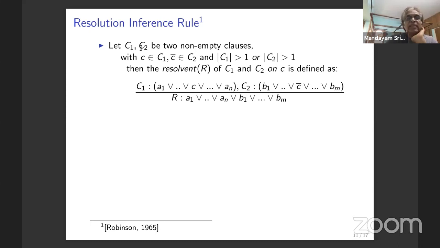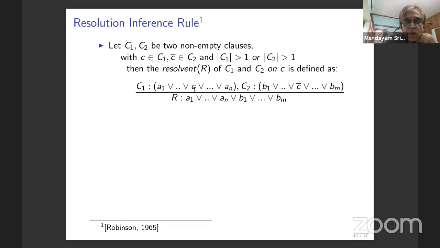Let C1 and C2 be two non-empty clauses, so it means each has at least one literal, with C1 having a literal C in positive form and C2 in negative form. Then the resolvent R of C1 and C2 on C is defined as follows.